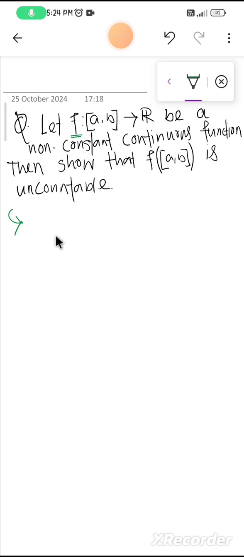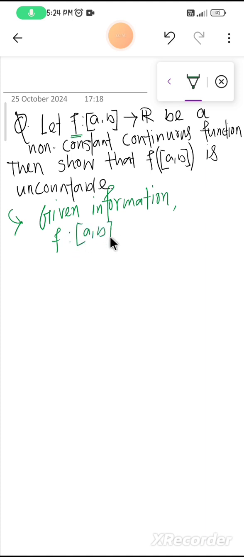So given information, f is a function from closed interval ab to R, and this function is non-constant plus continuous function.